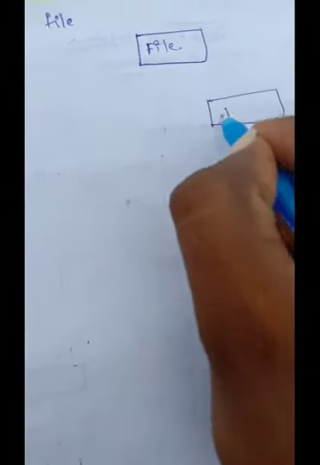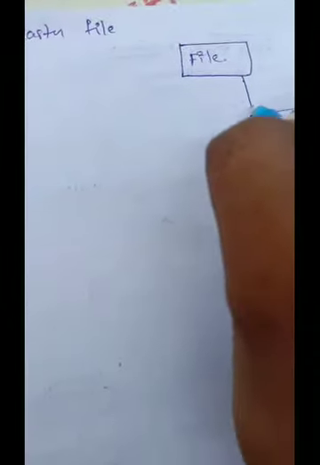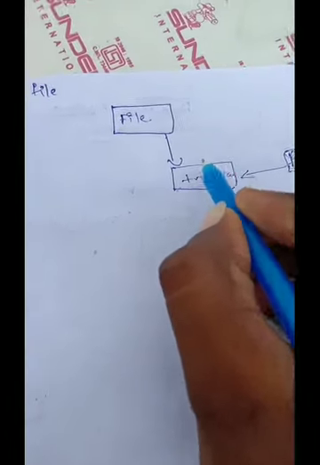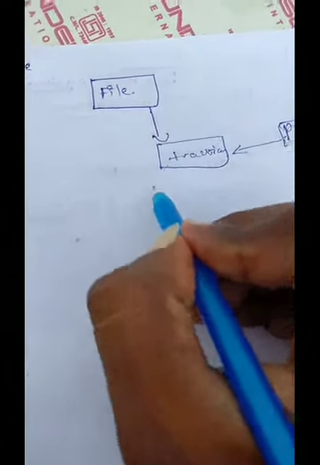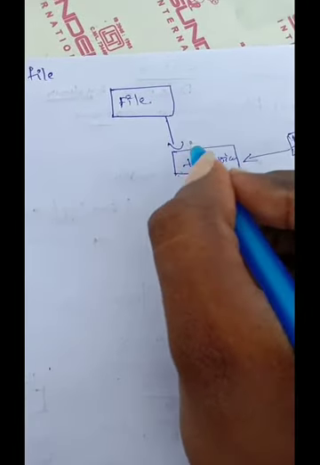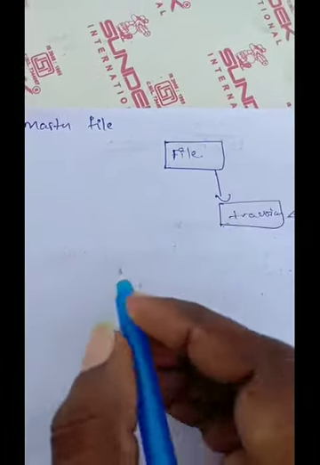The master file allows the transaction file to make a copy to the processor. The processor performs some operation and reflects the data in the transaction file. After the transaction or operation is completed, the transaction file is going to reflect the information in the master file.